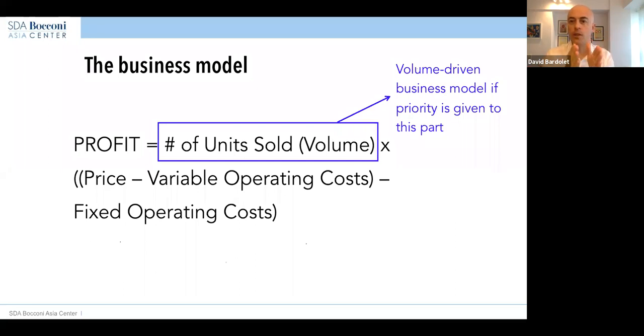And if you keep reducing the price, at some point you will realize that the contribution margin, price minus variable cost, maybe starts turning negative. And that's not good, because if you have a negative contribution margin, what happens? The more units you sell, the more money you lose.